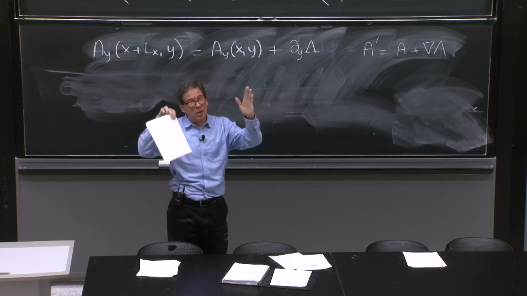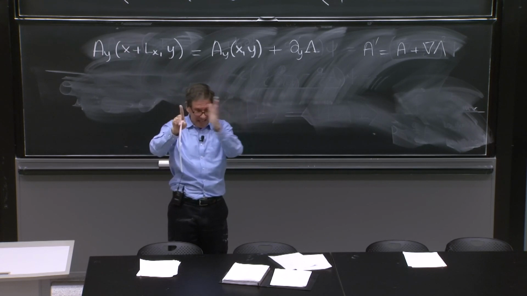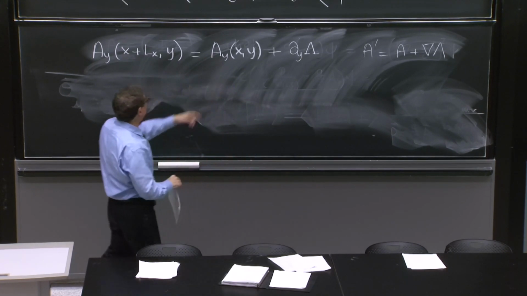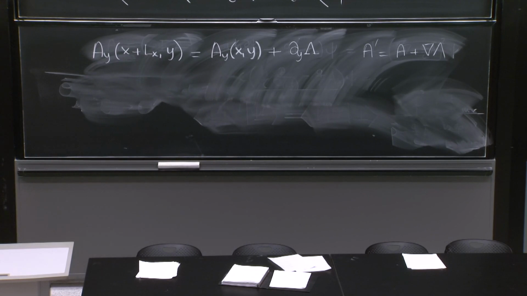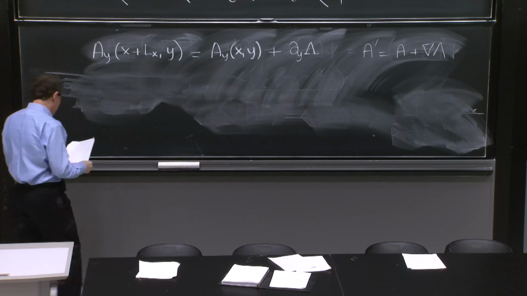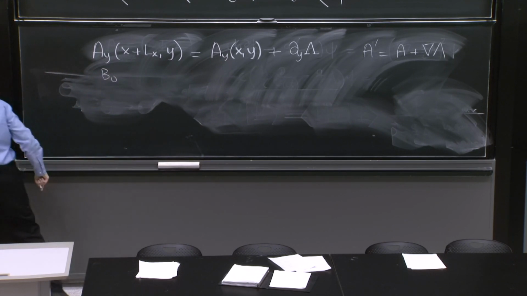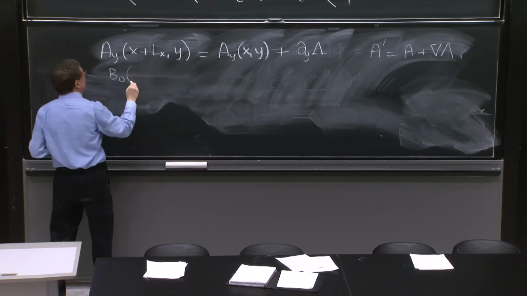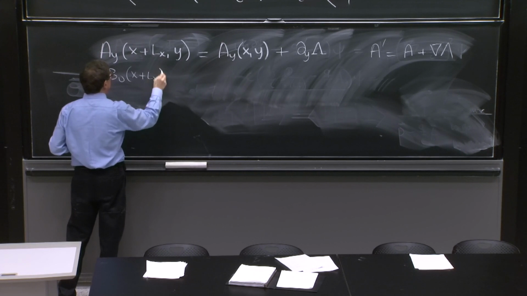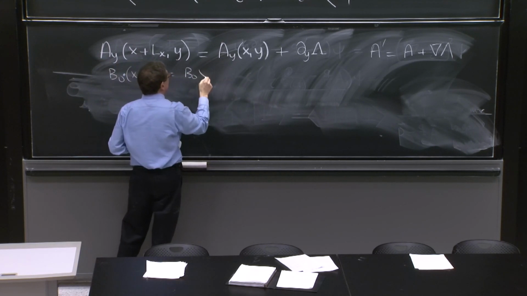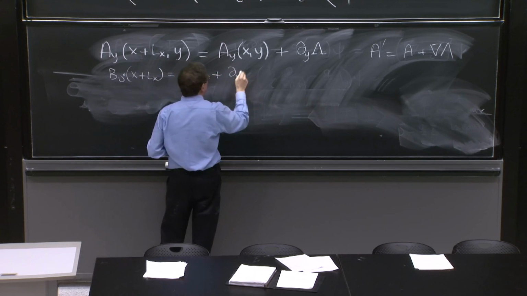Now I have to find the gauge parameter. To show that they're gauge equivalent here and here, I must find the gauge parameter that does it, and that's the lambda. So let's do the formula here. This is B0 times x. So B0 times (x plus L_x) is equal to B0 times x plus d_y lambda.